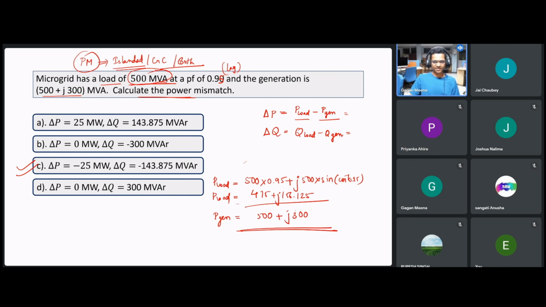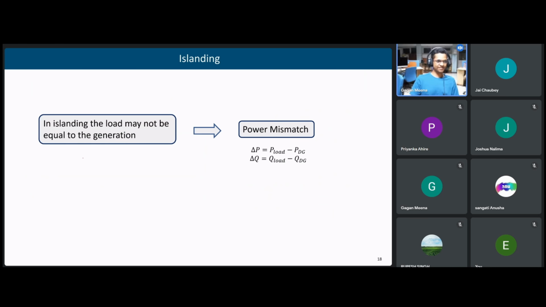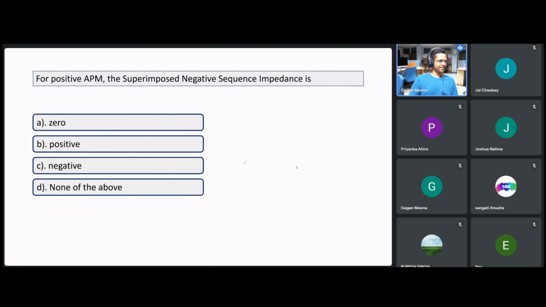So we can easily see that the load, both active and reactive power, is less than generation, so the mismatch is negative. This is the same as what we have discussed. In islanding, load may not be equal to generation, so there will be a mismatch. This is the C answer.